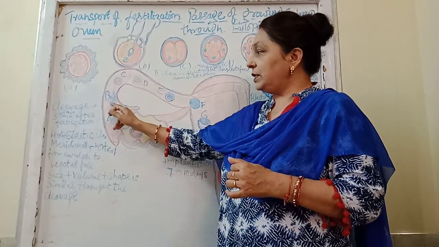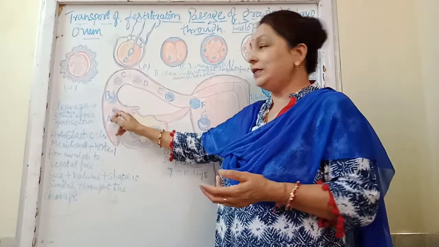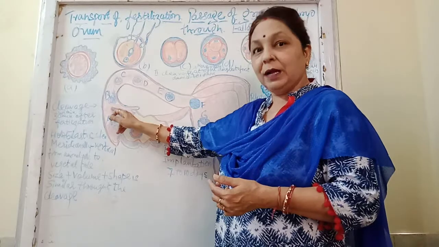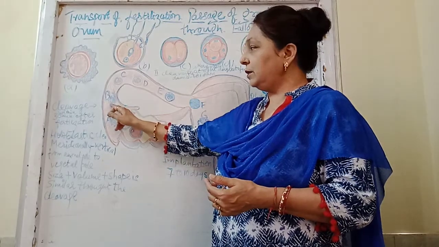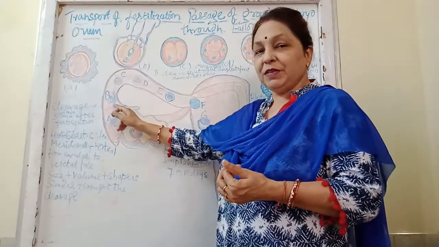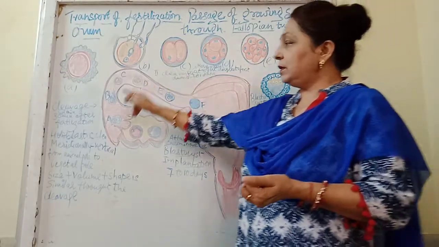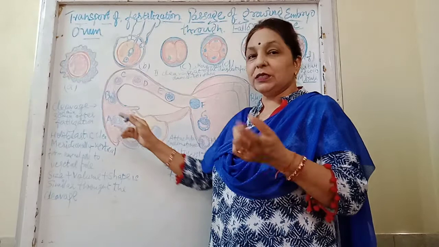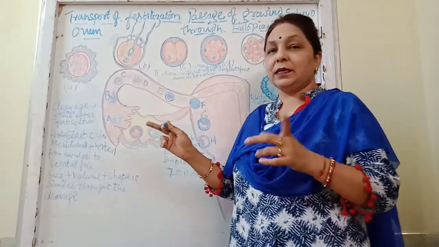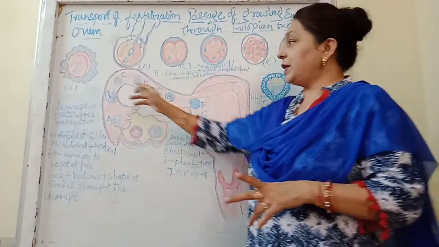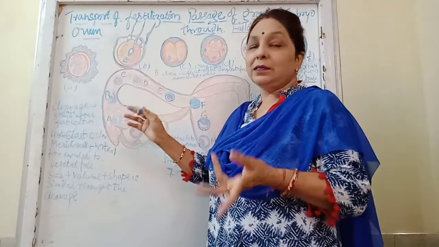The ovum moves by muscular movement through the fallopian tube, and here it meets the spermatozoa which have travelled from the vaginal tract and reached the ampulla. The process of fertilization takes place at the ampulla, or you can say the ampullary-isthmic junction.